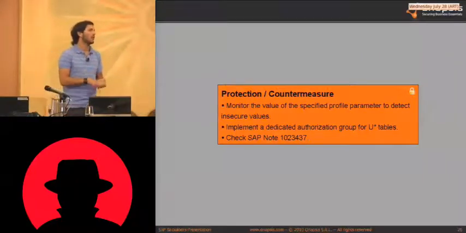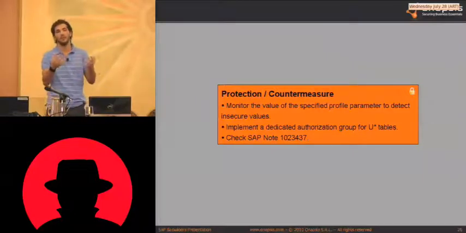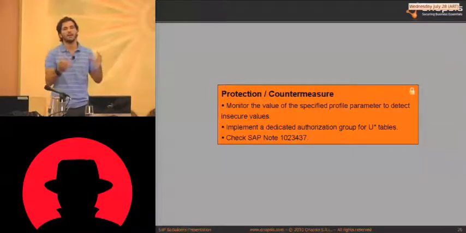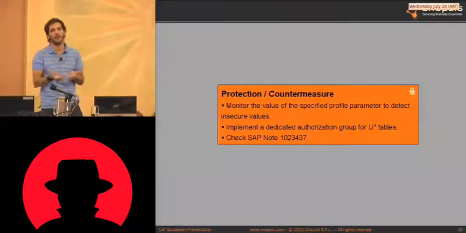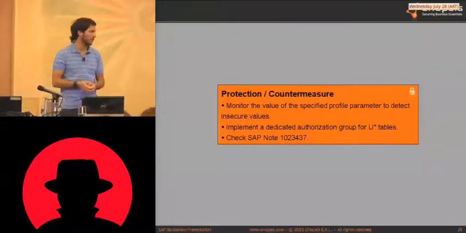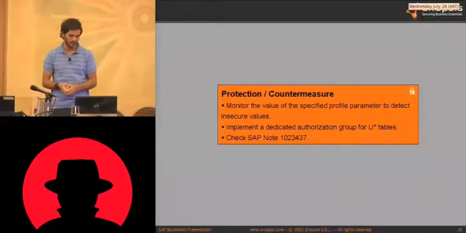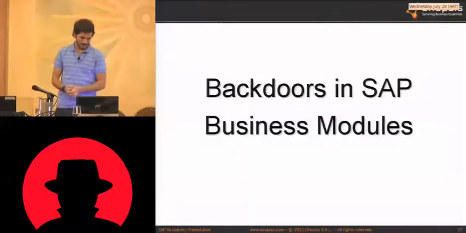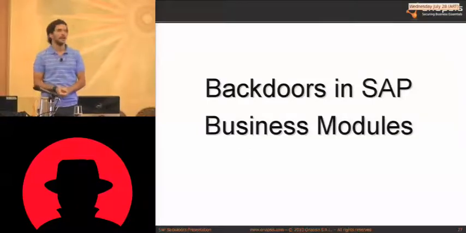And as an additional measure, you should protect that no one can modify the user master table. Okay? But if he's already administrator, he can do anything he wants. And there is also a reference to a SAP note that you may want to take a look at. So that will be the first attack vector.